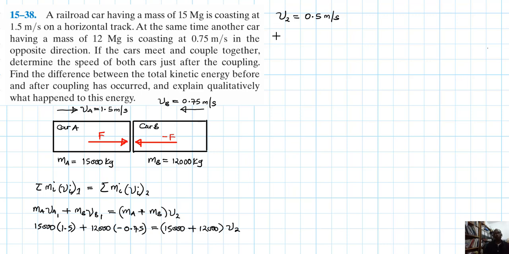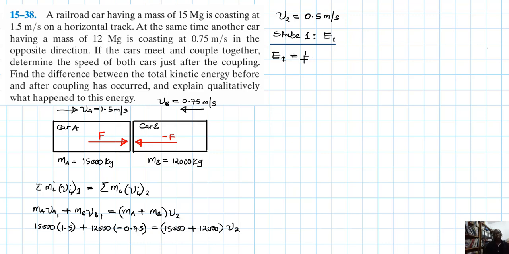So for state 1, we are calling it E1, the energy in the first state. We are just concentrating on kinetic energy.